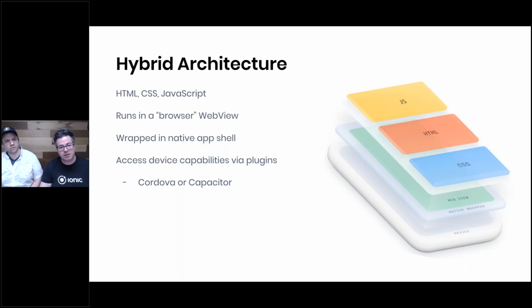Essentially, at the end of the day, for you as a developer or your end users using your app on iOS and Android or Electron for desktop, it's a native app, right? The end user experience is still the same as a native app, and you can deploy it across all these different great platforms. What we're essentially doing is taking your web code, your Ionic app, and embedding a browser web view inside of that native app shell. And that's how your code executes. But again, at the end of the day, it's still a native app.